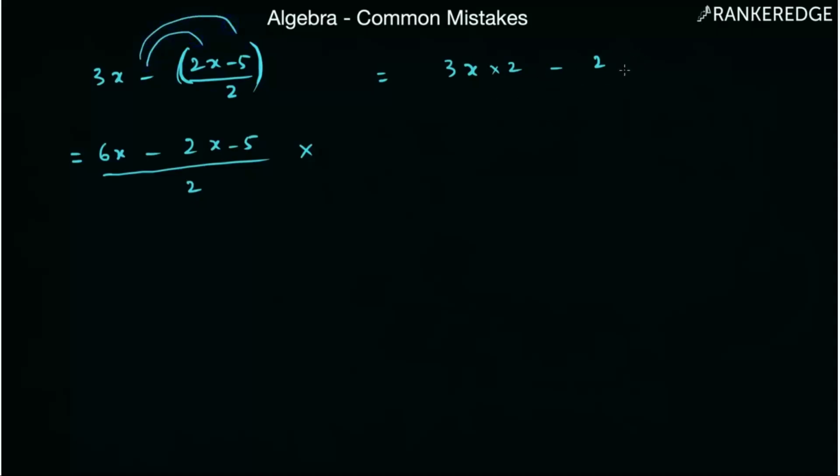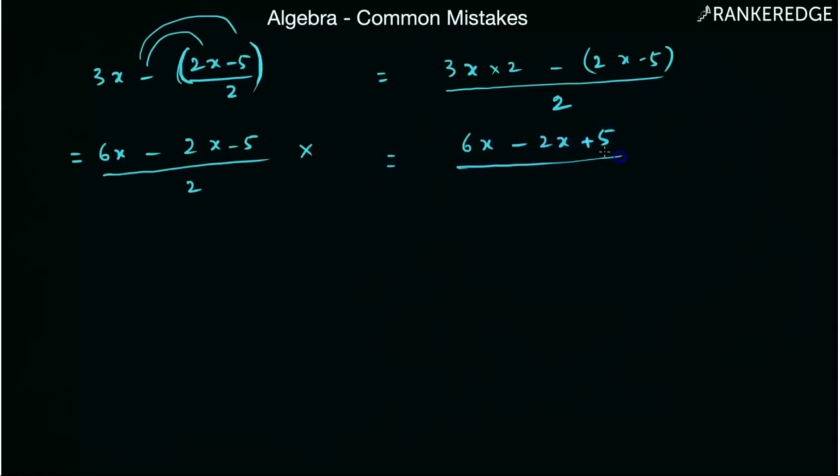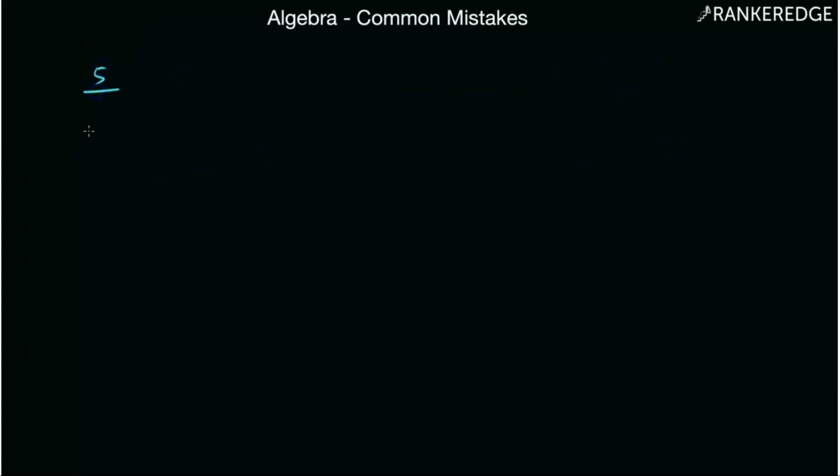That is minus 2x minus 5 in brackets like that, whole divided by 2. That will become 6x minus 2x plus 5 whole divided by 2. You can see that there is a difference between this and this. So this is correct.